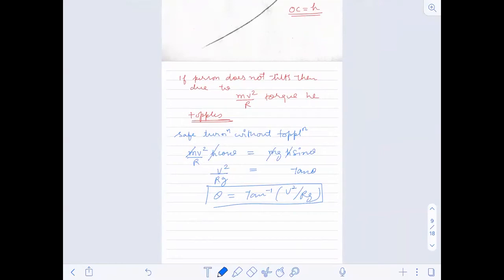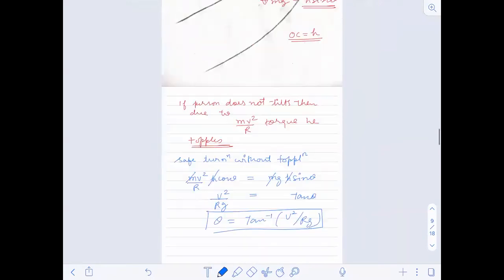Now, just tell me, if the velocity increases, suppose this theta is calculated, suppose you are bending corresponding to a particular velocity, making an angle theta with a particular velocity. Now suppose you exceed that velocity, what will happen?